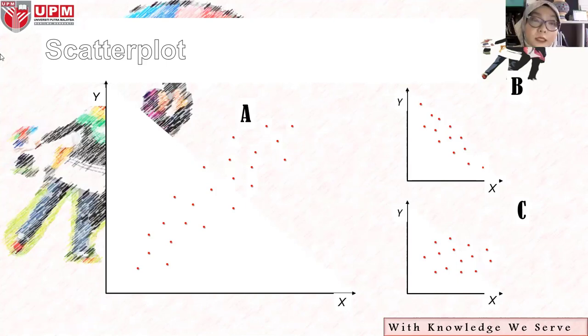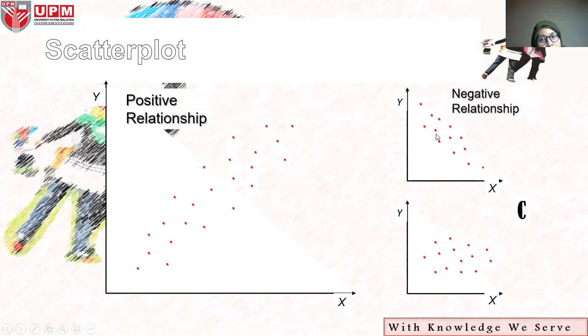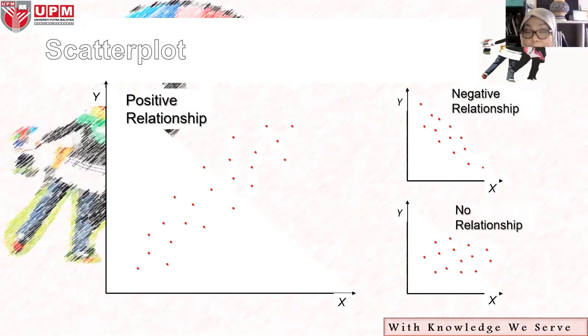There is a positive relationship between X and Y, where the independent variable is located on the horizontal line and Y on the vertical line. The second one is a negative relationship. The last one shows no relationship. This is the illustration.